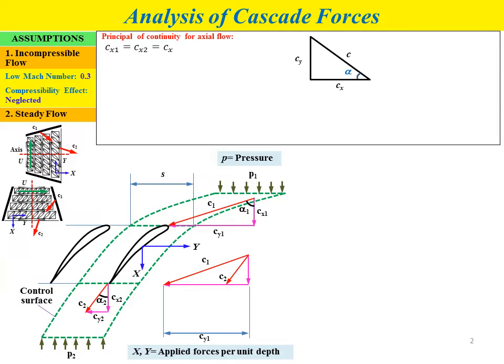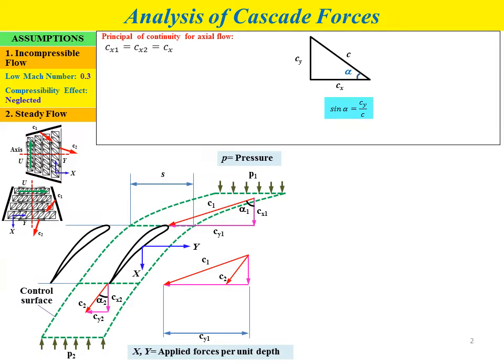Okay, so if you refer to the trigonometry approach, we have this triangle, let's say a triangle with an alpha angle, in terms of vector C with X component Cx and Y component Cy.